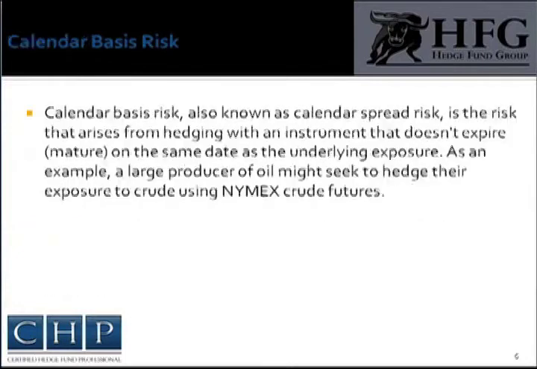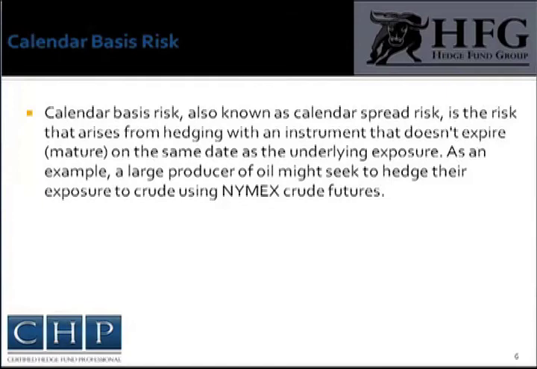There is also calendar basis, which is calendar spread risk. In this risk, from a hedging standpoint, instruments that have different maturities are used to hedge exposure. In another example, using the oil market, a large producer might seek to hedge their exposure to crude oil using NYMEX crude futures.